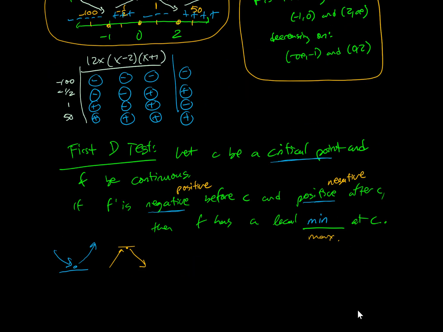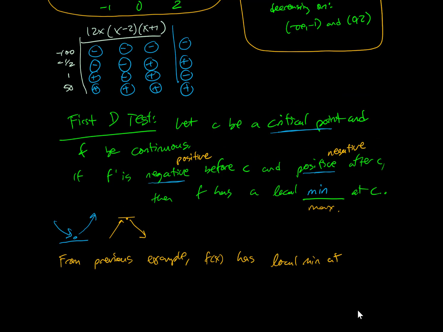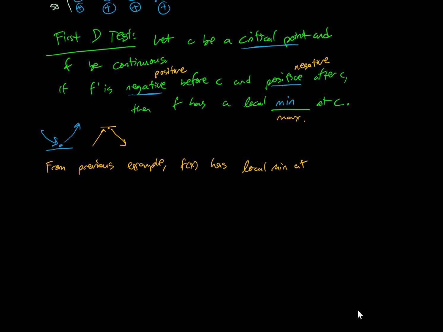From the previous example, f of x has local min at, let's see, where are our local min? That would be where I switch from negative to positive in my derivative. So we have a local min at, what do we say, x equals 0 and x equals 2.